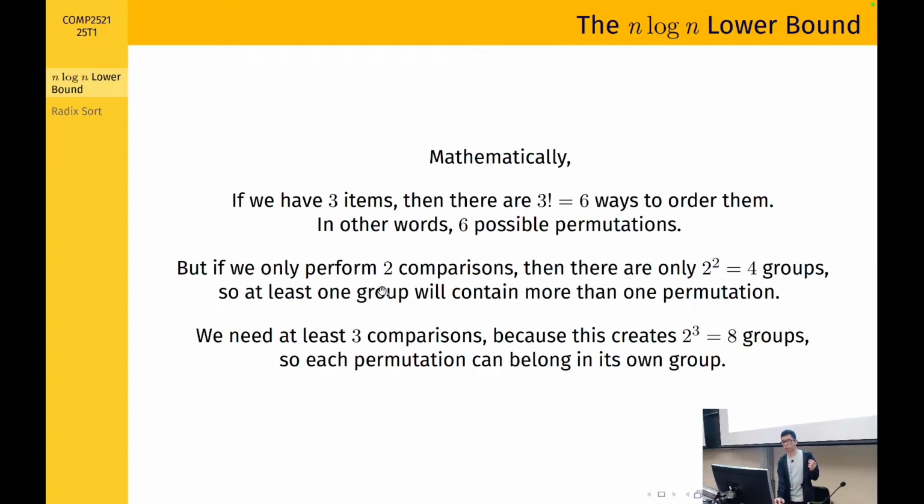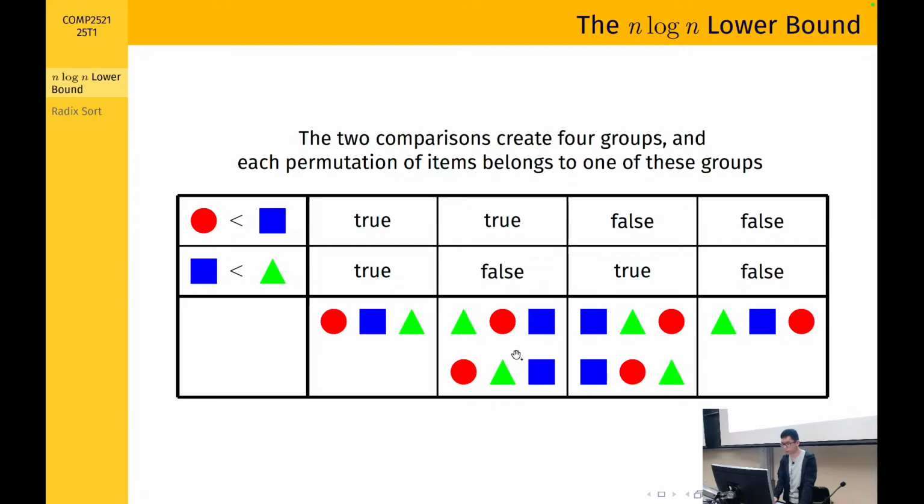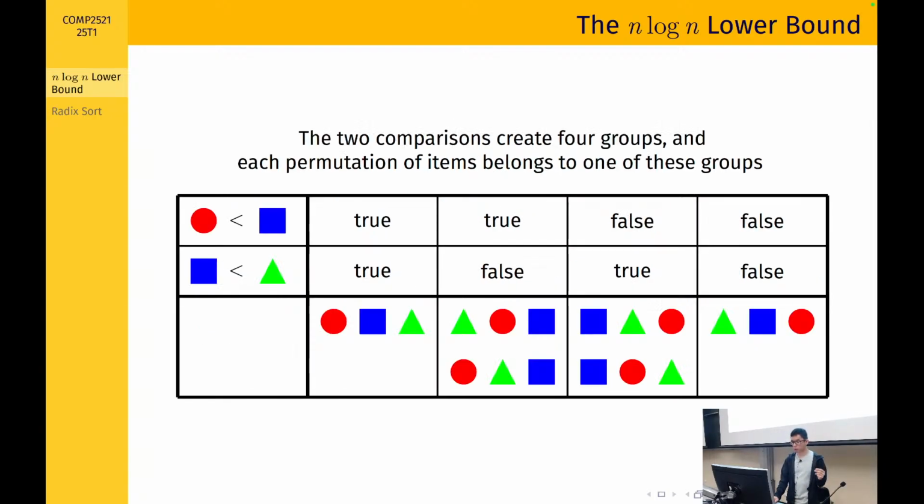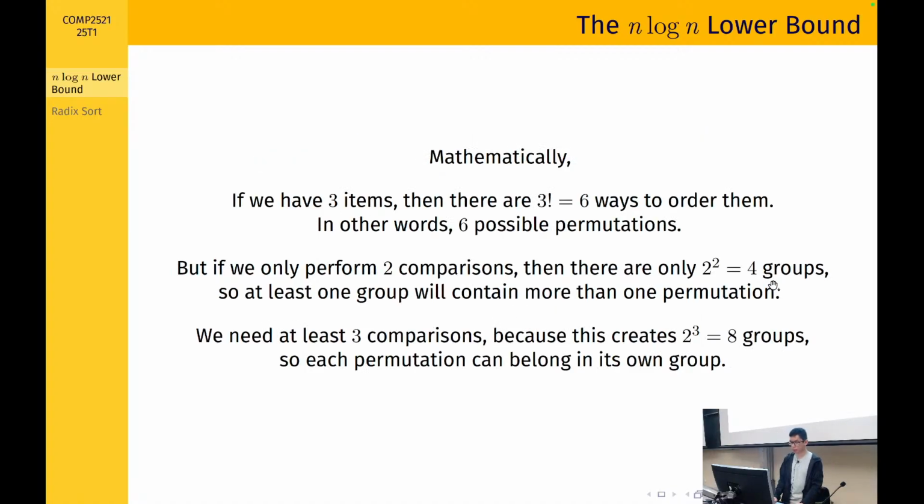But if we only perform 2 comparisons, then we only have 2 to the power of 2 groups to put these permutations into, like we did here. So 4 groups, 4 possible combinations of results. So that means it's possible for one of these results to correspond to more than one permutation.